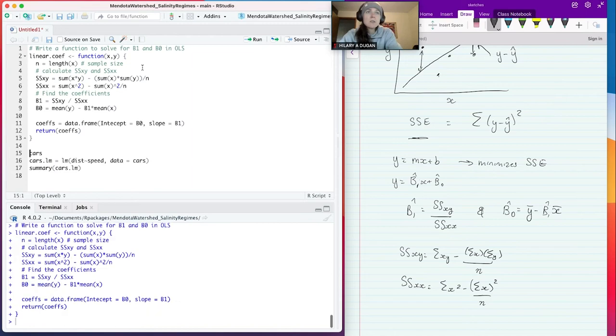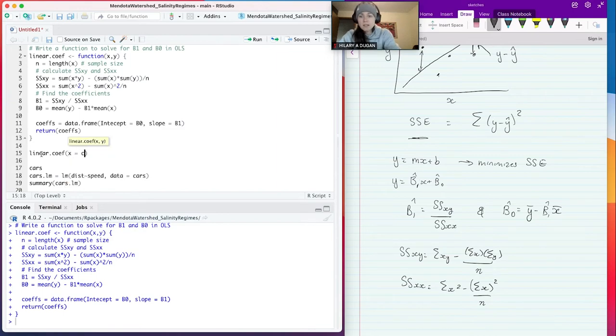So we can save this as a function, and let's give it our cars data, because we've already used the cars data with our LM function. So let's do linear coefficients where x equals cars speed and y equals cars distance.